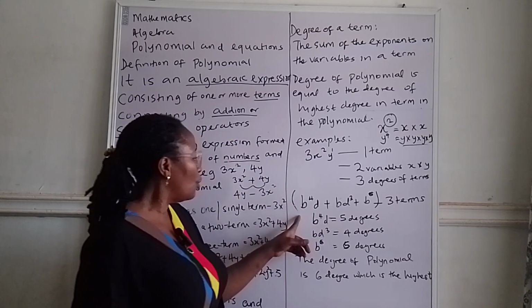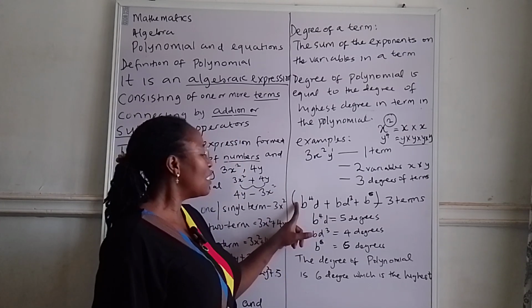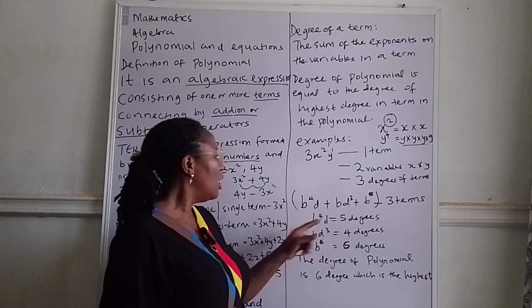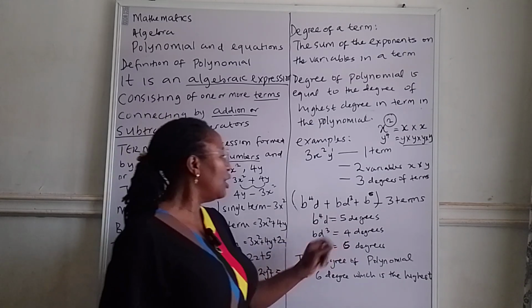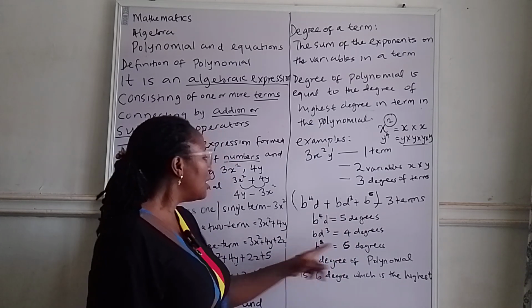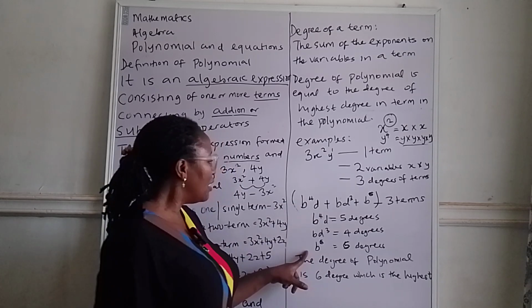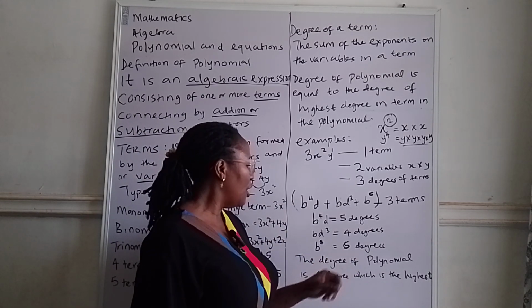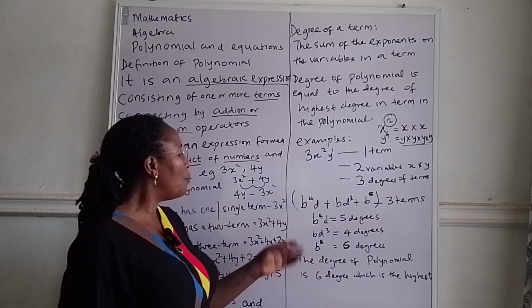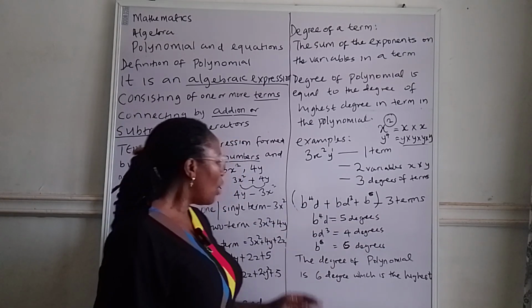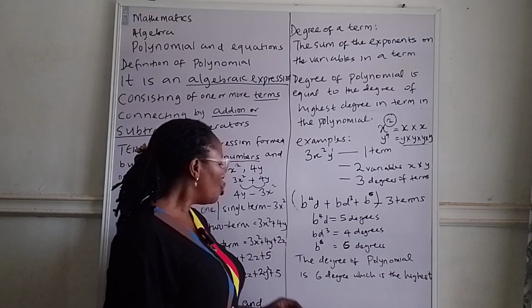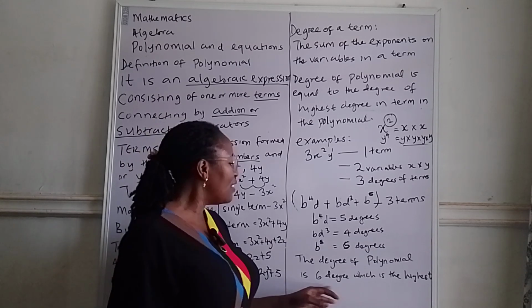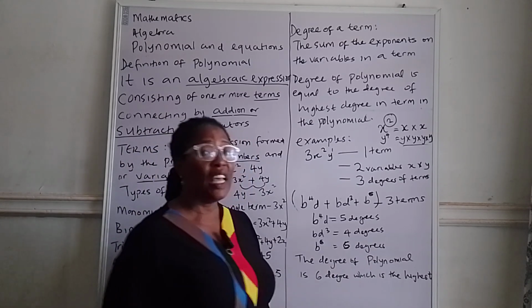In this equation, the first term has 5 degrees, the second term has 4 degrees, and the third term has 6 degrees. So the highest degree here is 6. When they ask you what's the degree of the polynomial in this equation, you pick the highest degree, which is 6.